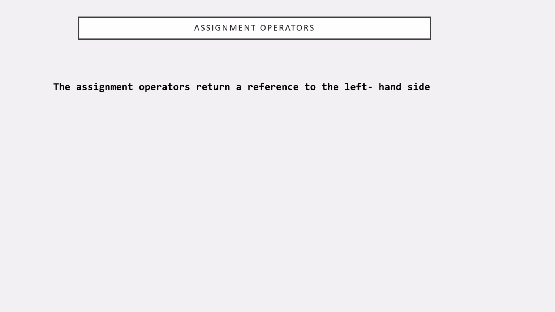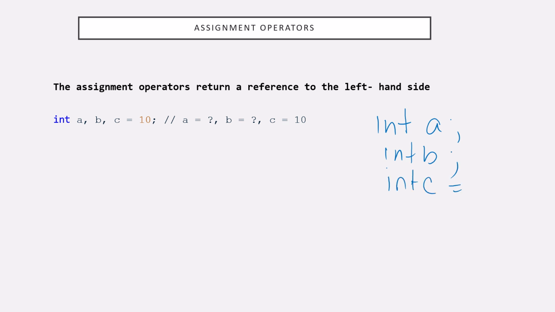Okay, assignment operators. Assignment goes to the left-hand side. Here is what would happen if you declared A. You can just do int A, int B, int C equals 10. That's what you're doing right here.